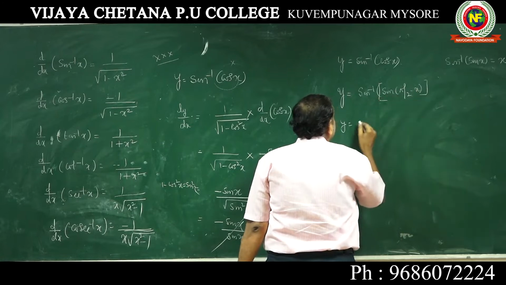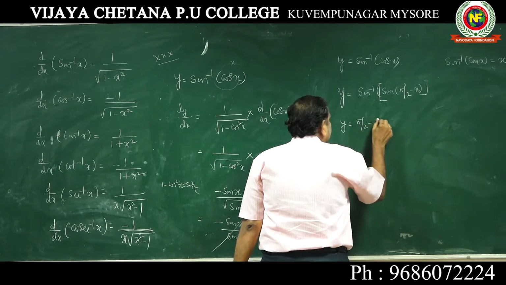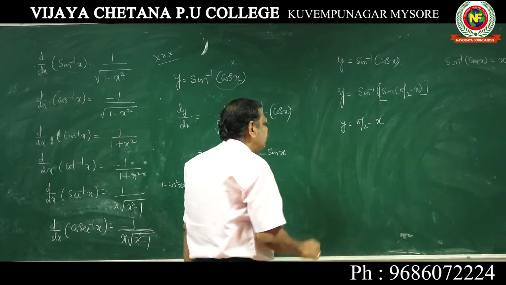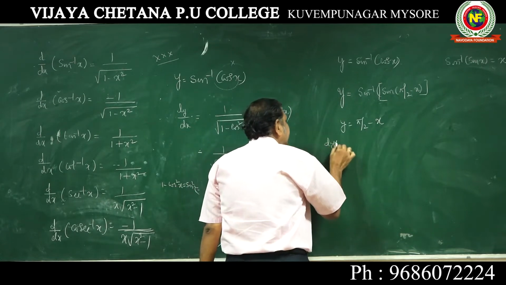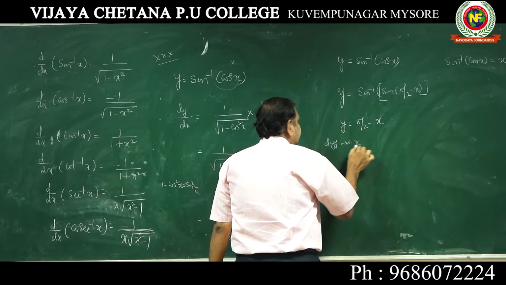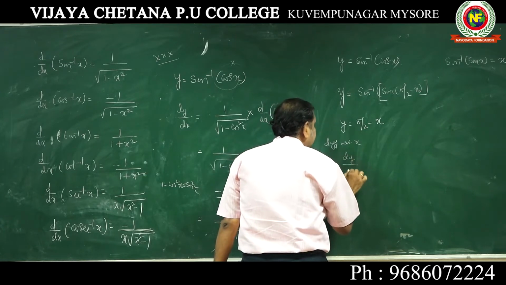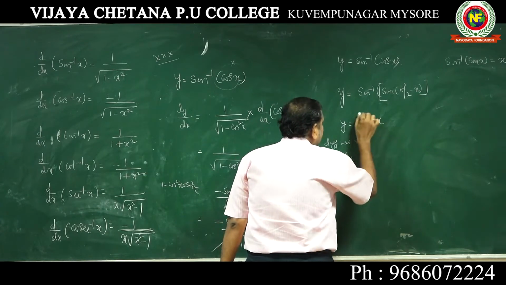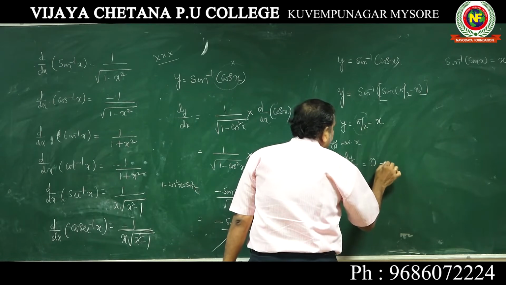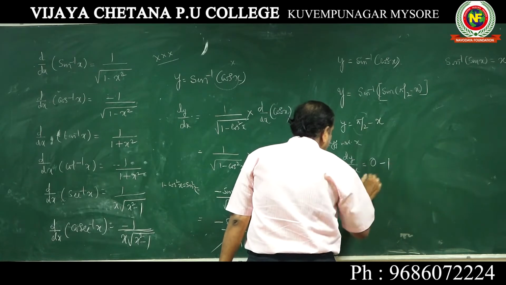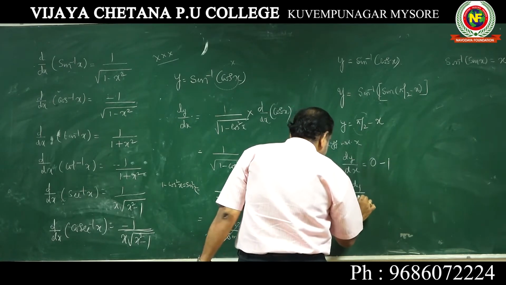Sin inverse of sin theta is theta, so y is equal to pi by 2 minus x. Now differentiate with respect to x. dy by dx is equal to 0, since pi by 2 is a constant, and minus 1. So the answer is dy by dx equal to minus 1.